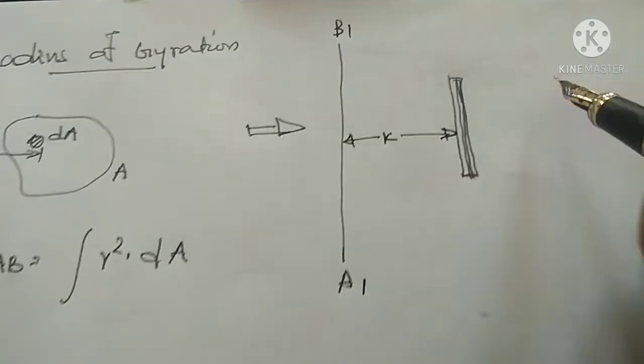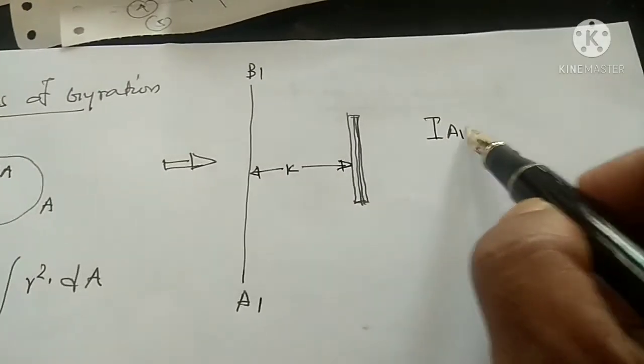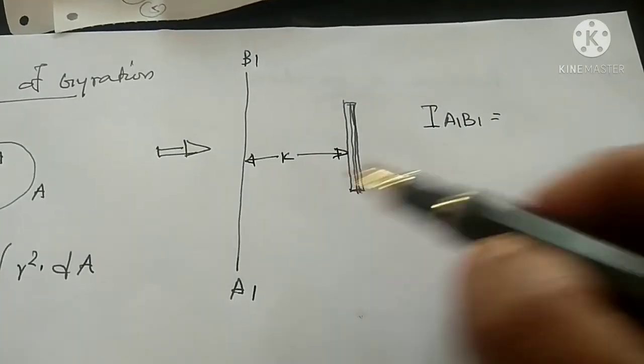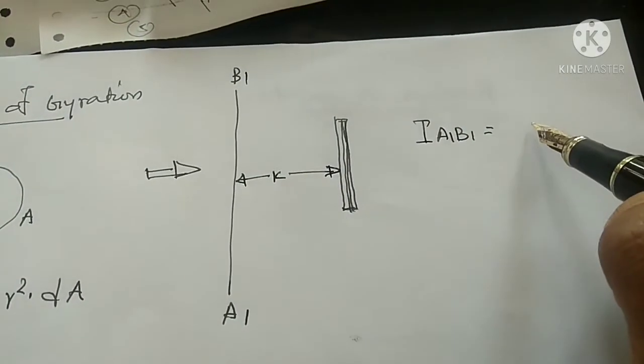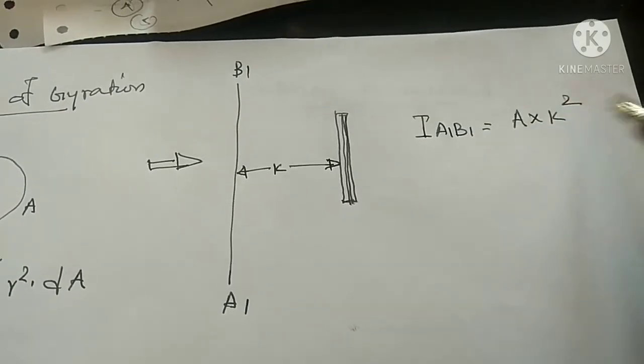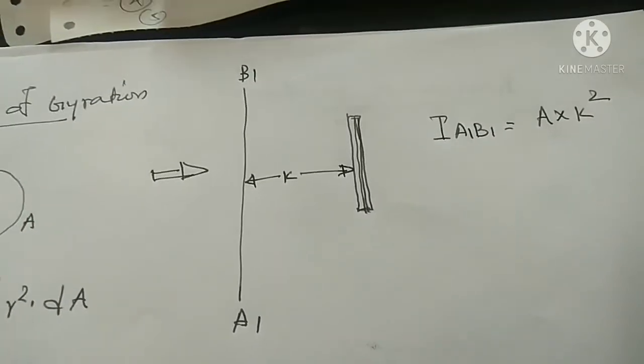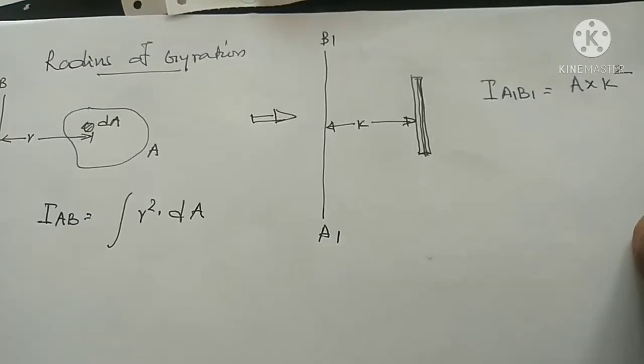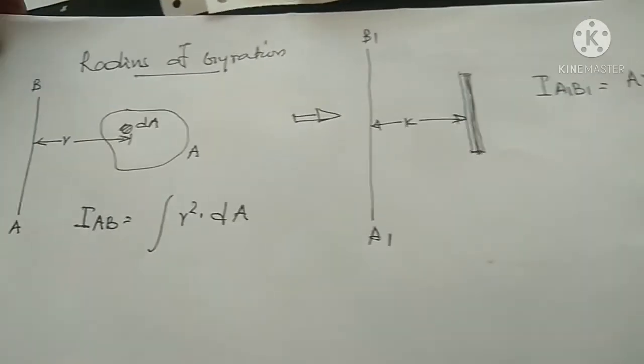Then we can say that IA1B1 is equal to A into K square, where A is the area of that small strip.